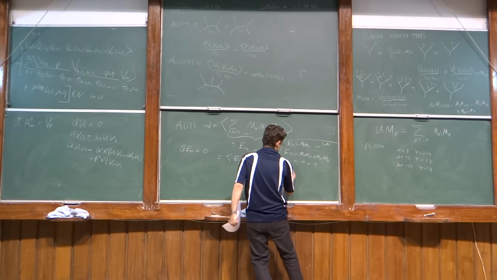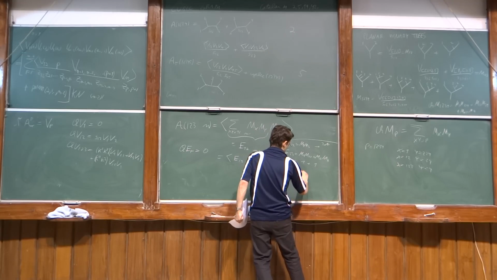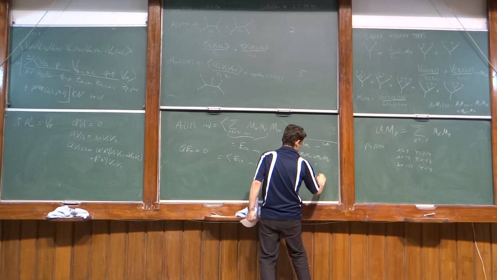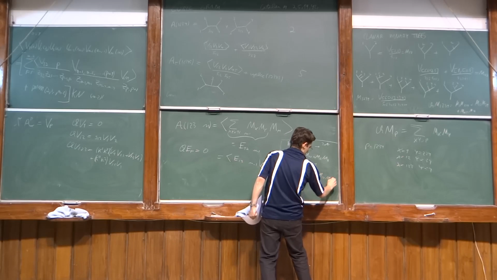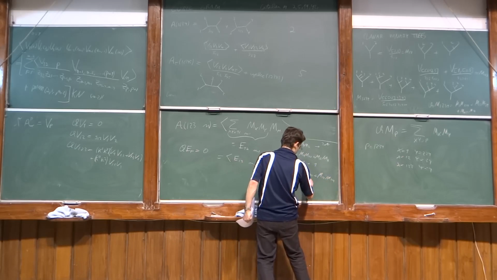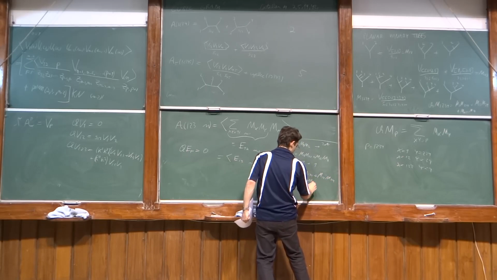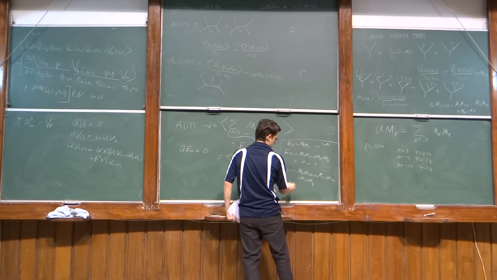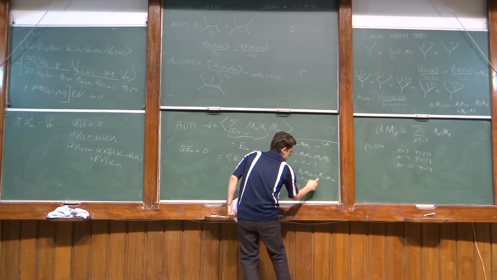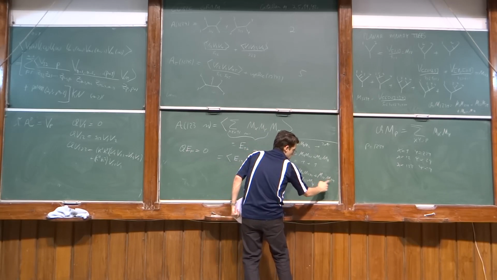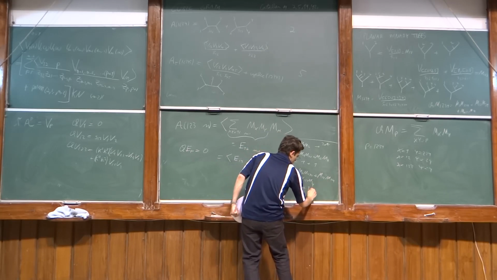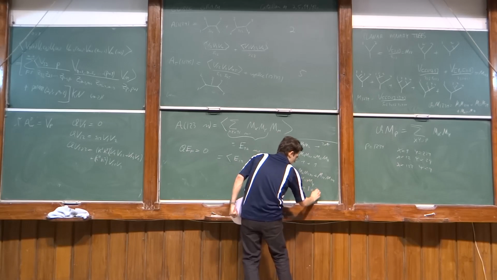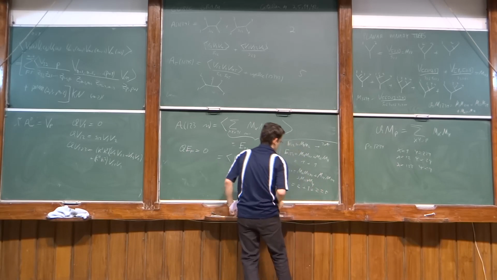E1234 is M1 M234 plus M12 M34 plus M123 M4, and inside there are two poles, so it's 2, 1 because it's 1 and 1 there, 1 plus 2 because this is 123, there are two poles there, so it's 5.